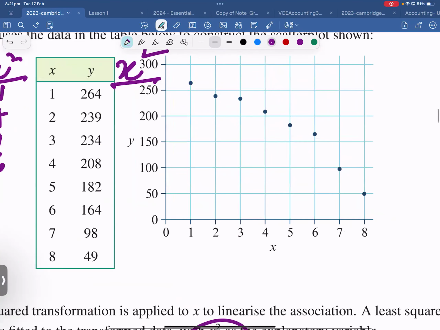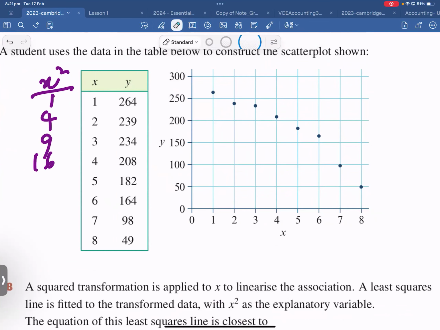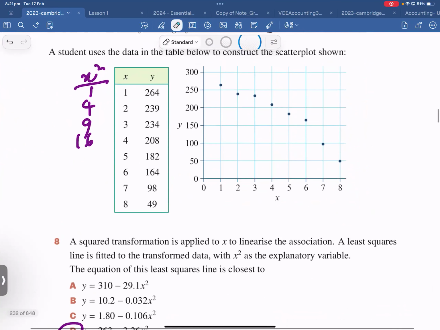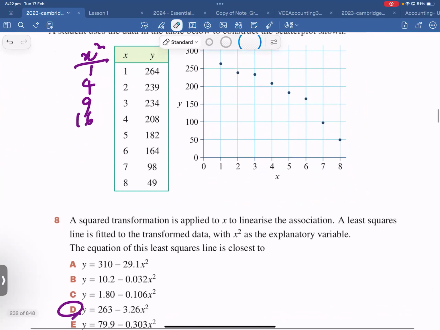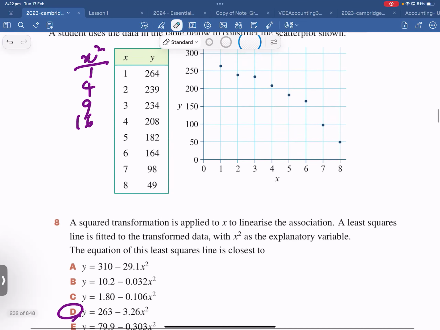Yes, but it will be linear, yes? Yeah, but it will still be higher, because 263 is lower than 264, so it can't go up and then back down. Anyway, 1 squared is 1. So the y-intercept would have to be 310, meaning it would be A. No?